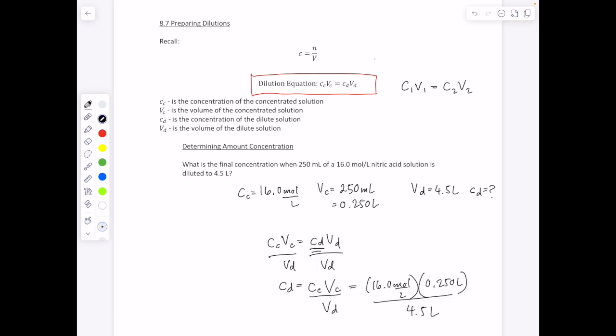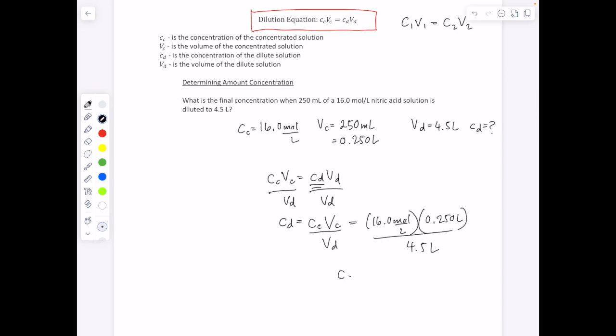If we punch this into our calculator, we get a concentration of the diluted solution to be 0.89 moles per liter.